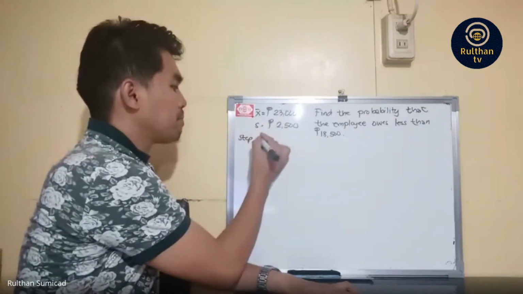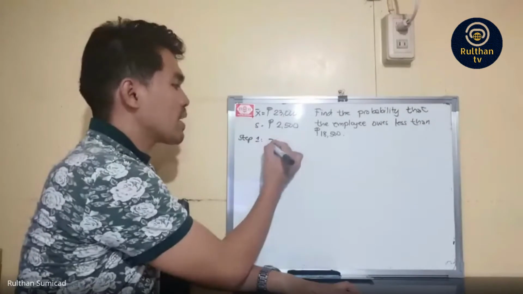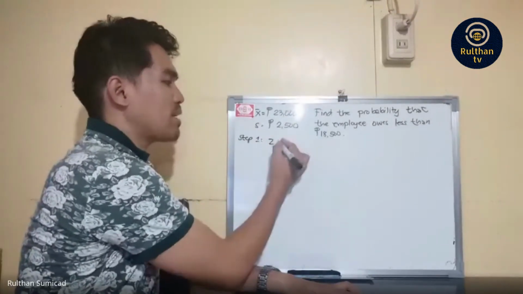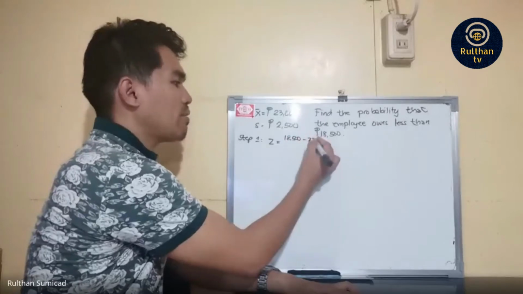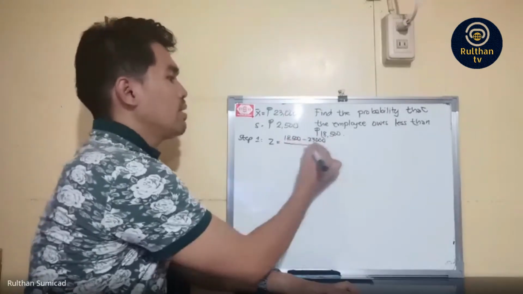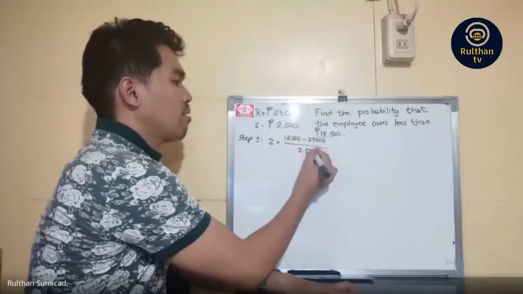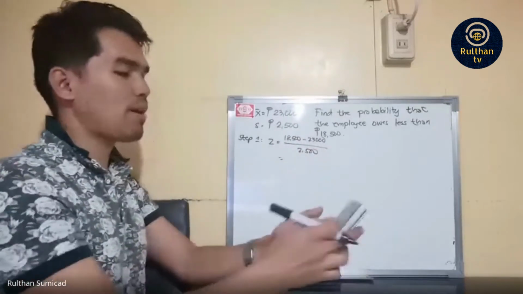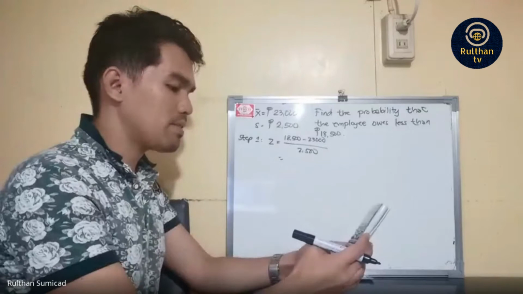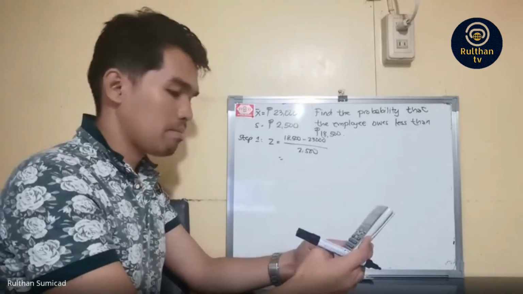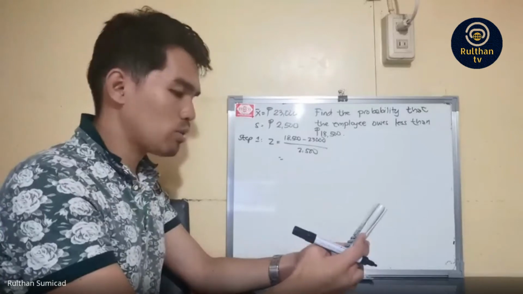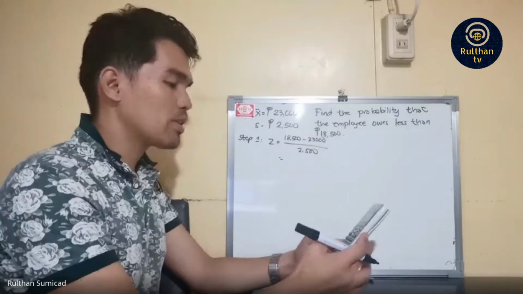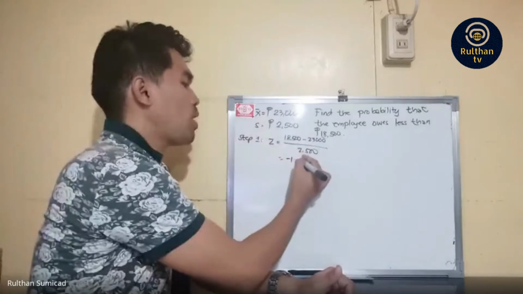First step is we will solve for z equivalent to 18,500. So that is z equals 18,500 minus 23,000 divided by 2,500. That is how we will find our z. 18,500 minus 23,000 divided by 2,500 is negative 1.8.